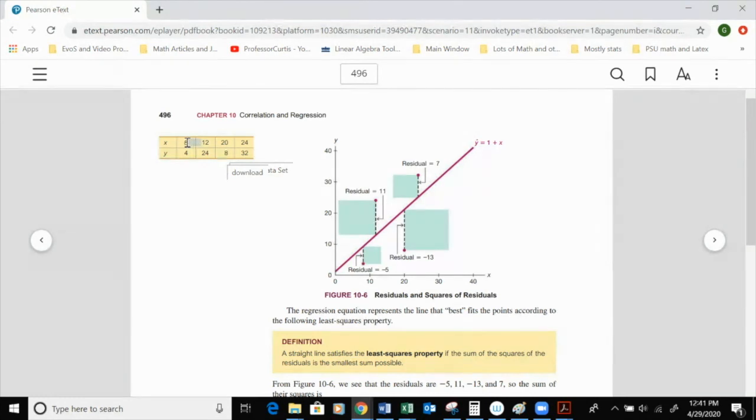X is 8. So here's my 8 up here. I can't color in the 8. Well, that's what you get. Imagine I've colored in the 8 for emphasis. And what was the actual value? The observed value was 4. What does this regression formula predict? If you plug in the 8 for your x, you get 1 plus 8, you get 9. And here you can actually see the point on this line, 8, 9.